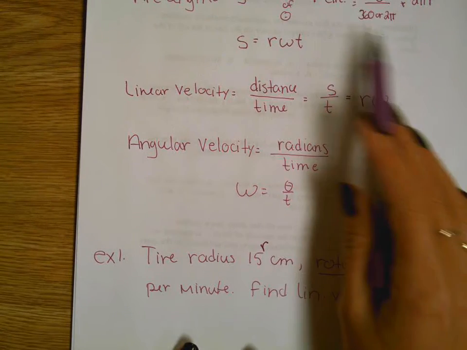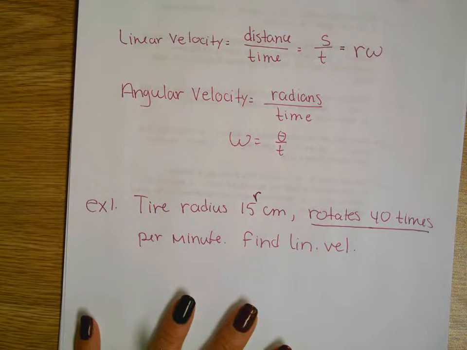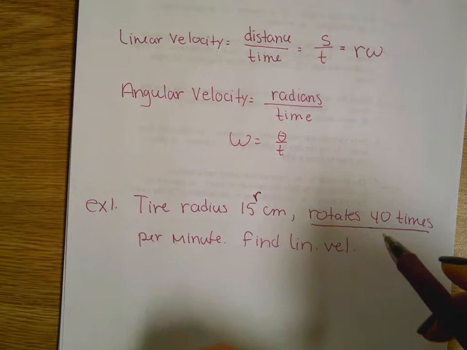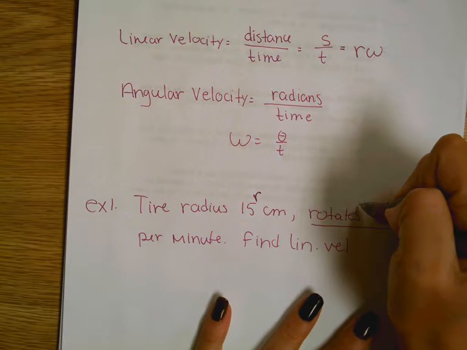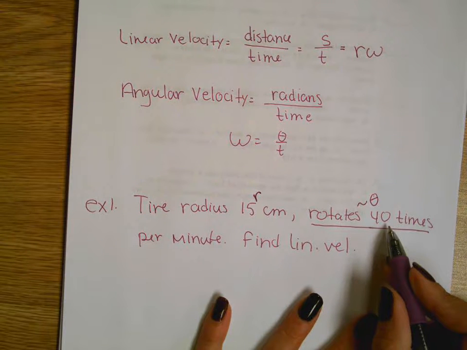I don't have anything up here that's rotations, but it's very close to something. What can we figure out knowing the rotations? We can figure out the degrees, so we could get the central angle theta, or we could turn that into radians. Either one. I'm going to call it almost theta, because we can turn it into radians by doing one little trick.